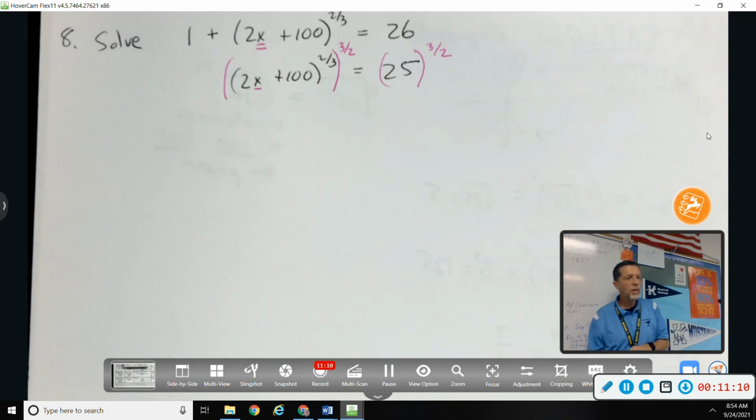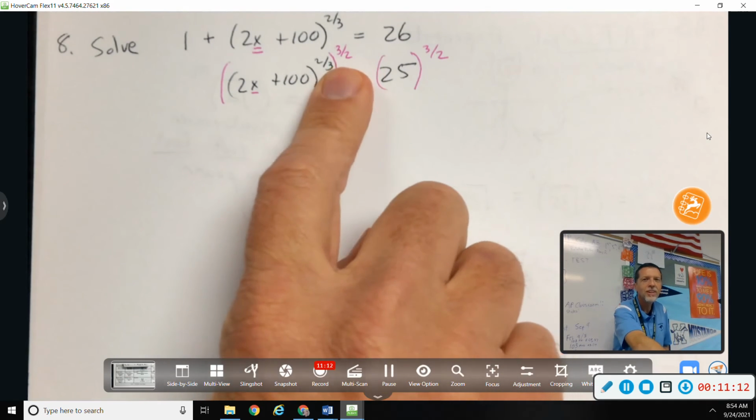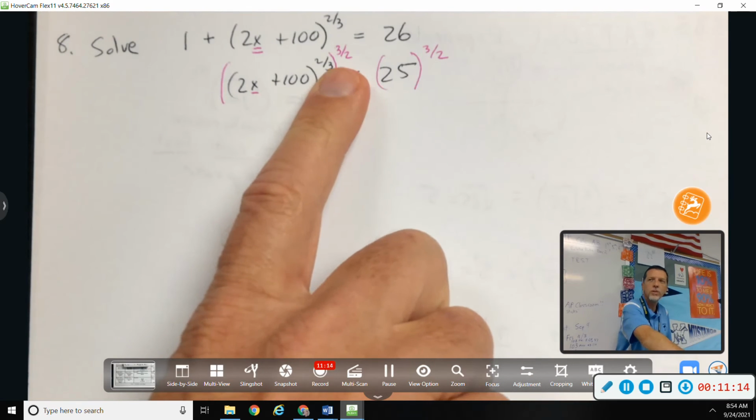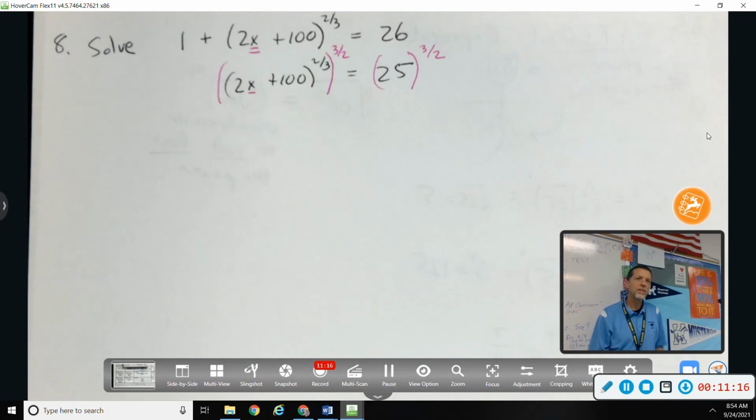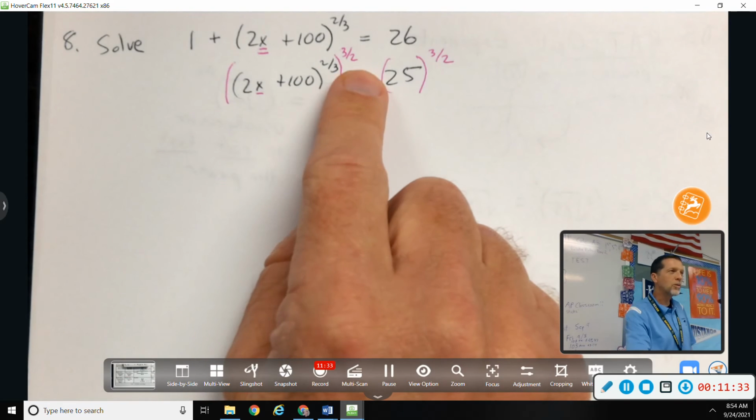Because power to a power, what's the exponent rule there? What do you do when there's a power raised to a power? Why do they cancel though? Because it's the opposite. When you say opposite, if I subtract those, they won't go away, so it's not subtracting. Power to a power, we multiply.